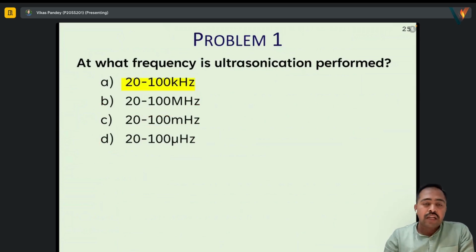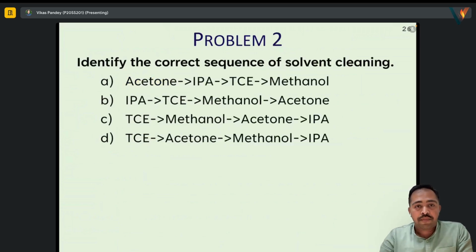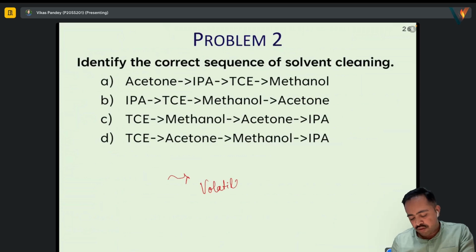That is, identify the correct sequence of solvent cleaning. Acetone, IPA, TCE, methanol; IPA, TCE, methanol, acetone; TCE, methanol, acetone, IPA; or TCE, ethanol, methanol, IPA. So remember, we talked about one thing, that is solvent cleaning always goes from volatile to less volatile.